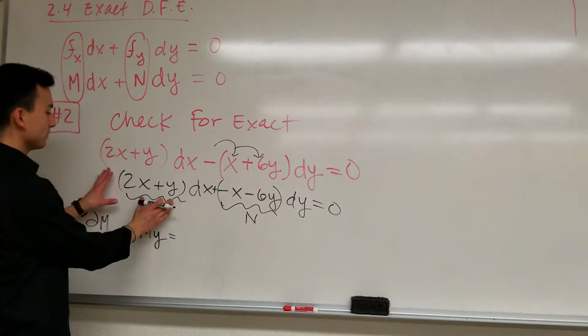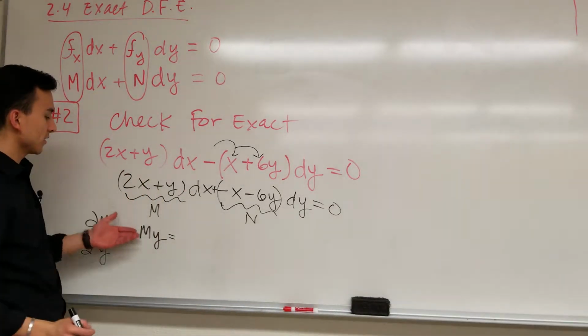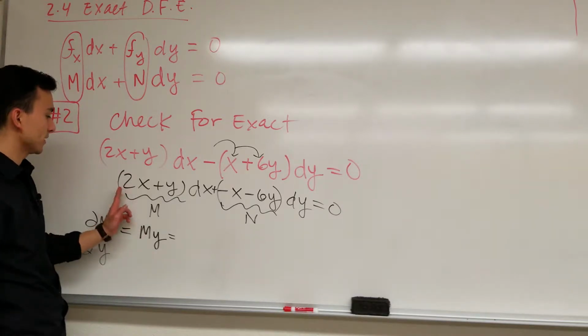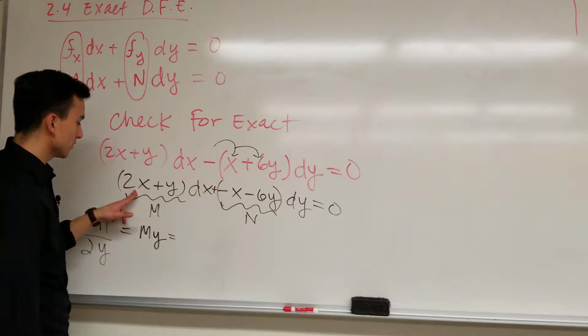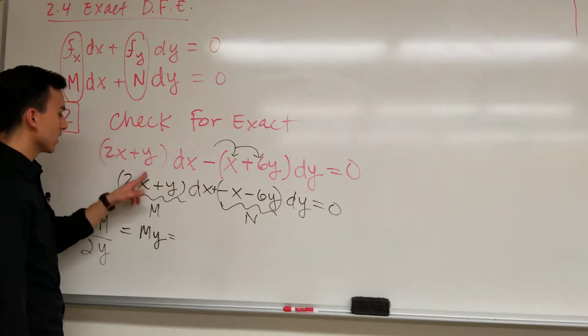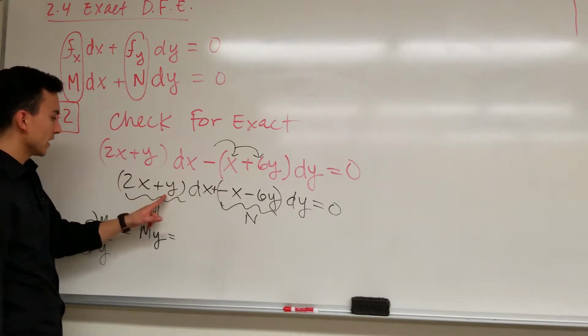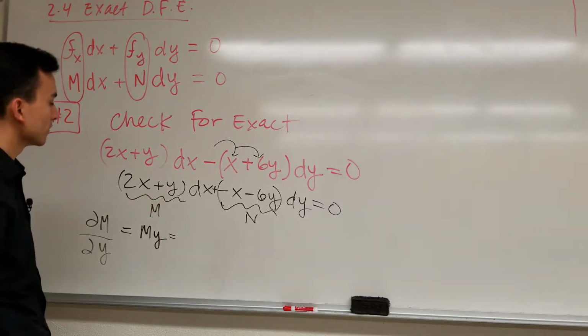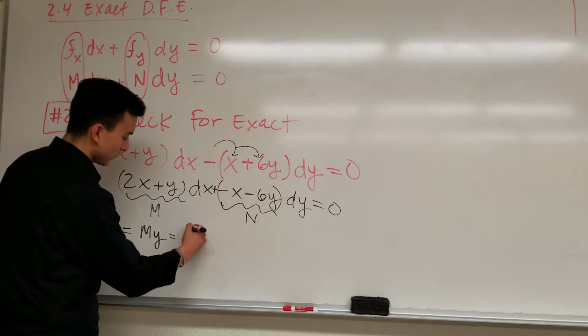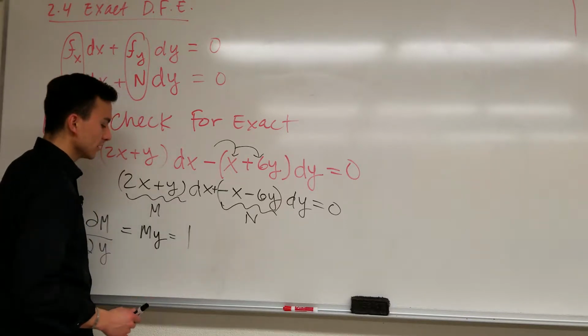So this is my m right here. So now I'm going to take a partial derivative with respect to only the y variables, right? So this is going to be a 0 because this is a constant. And this is going to be 1, right? So the derivative of y is simply 1.